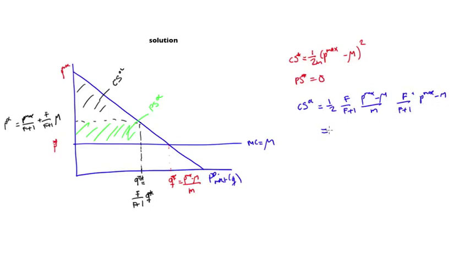So the total consumer surplus is 1/2 F square over F plus 1 square times P max minus mu square over M. Okay? And I will interpret this in a second.